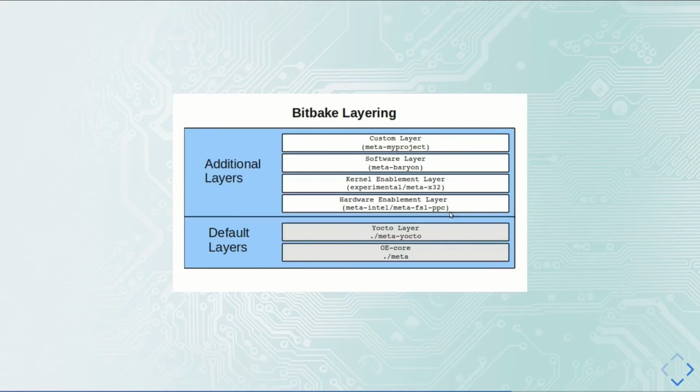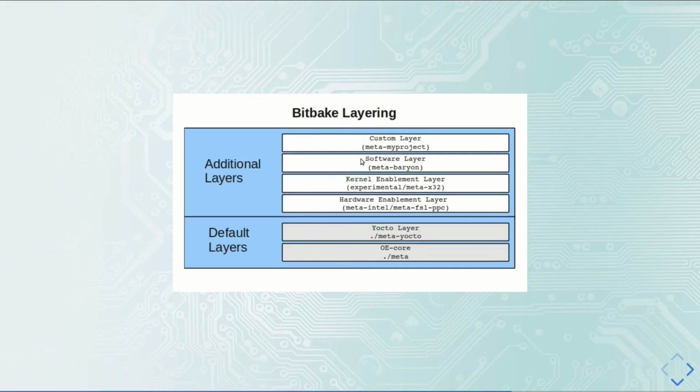And then there are several types of additional meta layers that you can add to your sources to perform other customization. For example, we have here either meta-intel or meta-freescale, which are meta layers with packages that are hardware related. Then you have this other type of meta layer that contains packages for kernel module compilations.